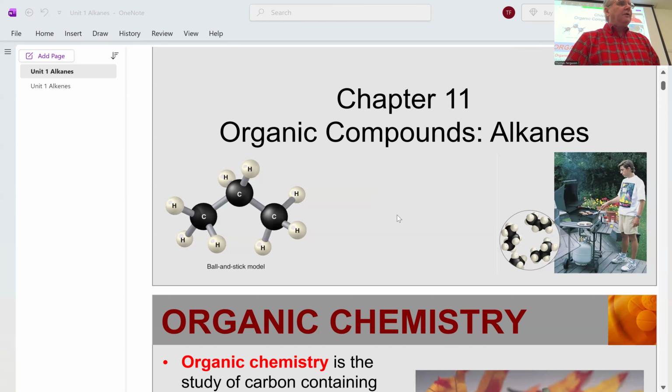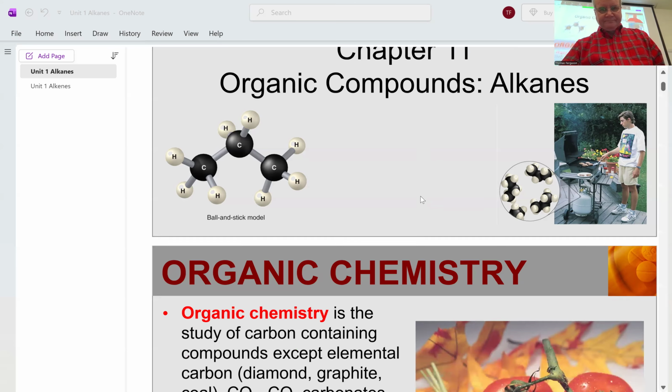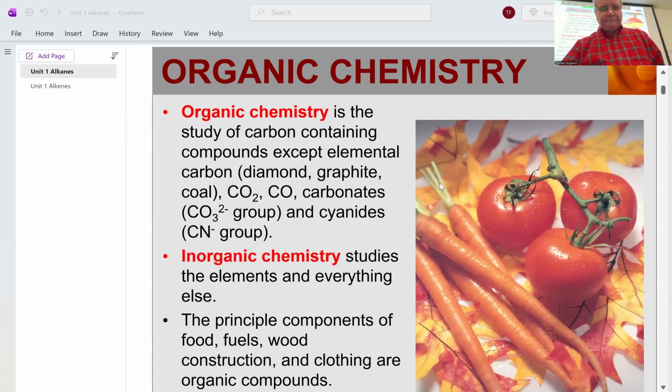Okay, so alkanes are made up of carbons and hydrogens only, single bonds only. Now, 305 was inorganic chemistry. 306 is organic chemistry.